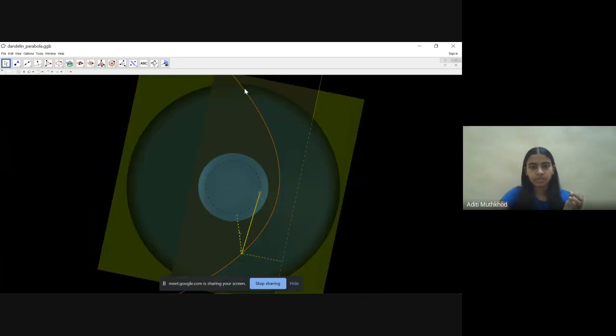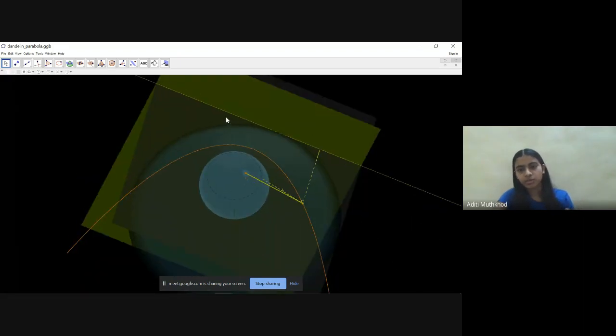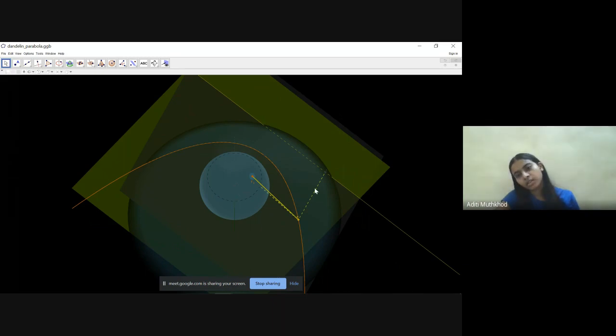The definition of a parabola is that PF1 is equal to the distance to this line, the perpendicular to the directrix, which I'm calling the direction.